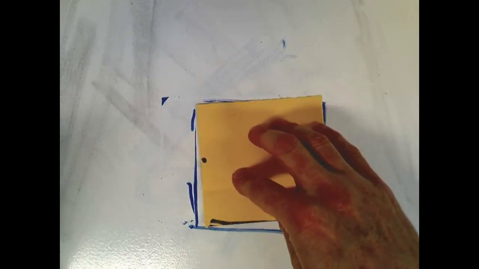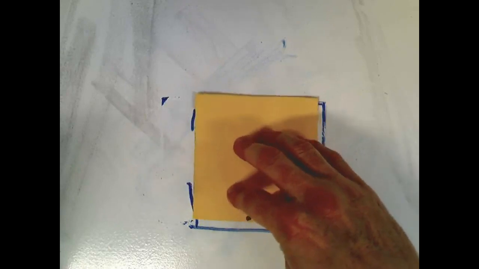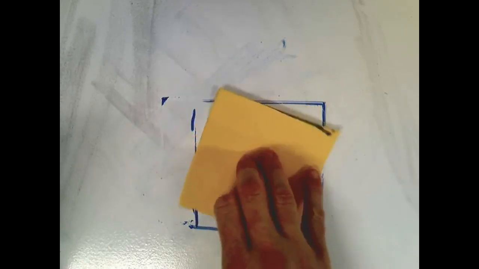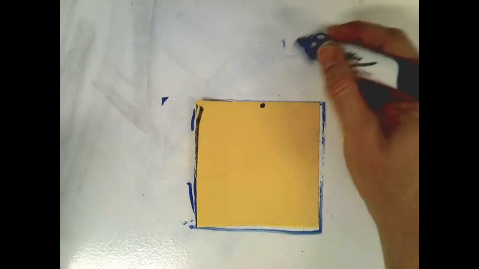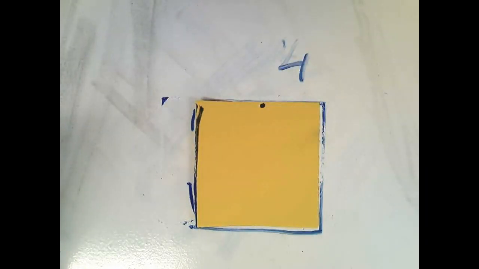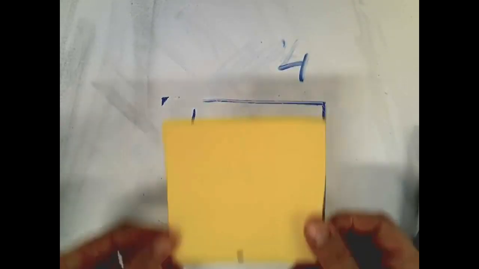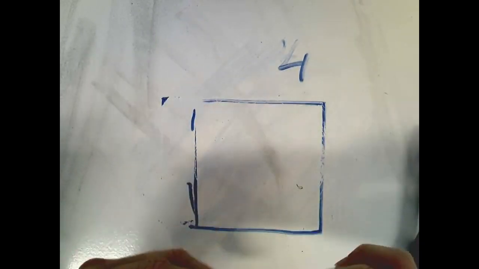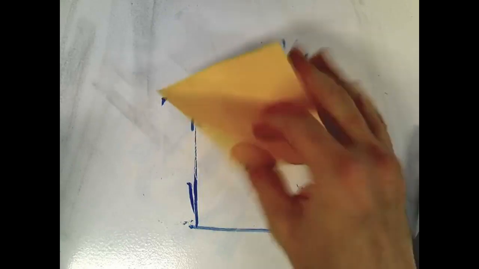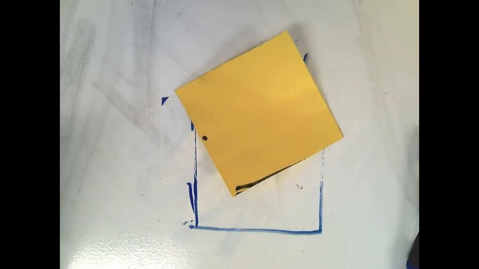Starting with 1, rotates around for 2, rotates around for 3, rotates around for 4. So we know that a square will have 4 rotational symmetry points. And again, you'll use that piece of paper to see if you can find the lines of symmetry where it folds on itself horizontally, vertically, and we'll try diagonally, which it does, so you can get that idea from there.